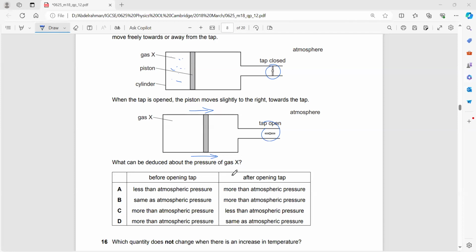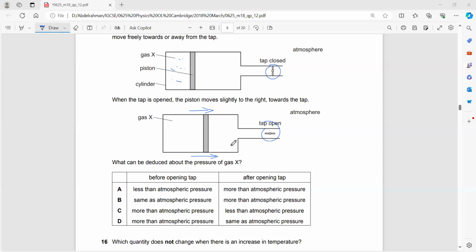Okay, it did reach equilibrium with the atmosphere. Yes, thank you. So before opening the tap, was the pressure inside greater or less?